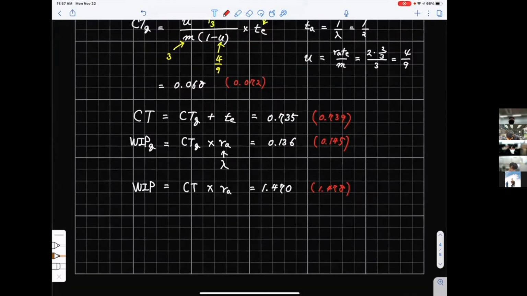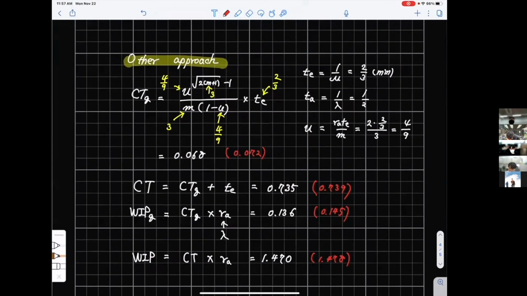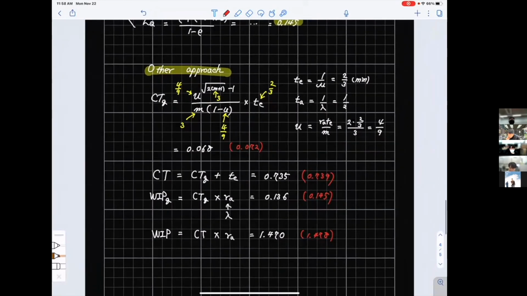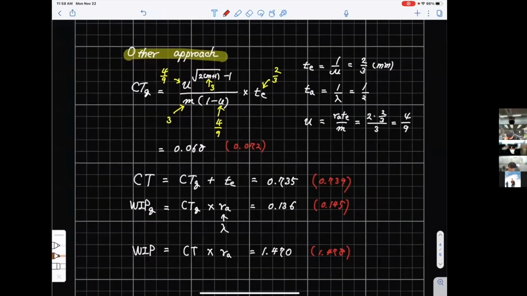So I did not find why these two approaches are different. I will let you know after I find what is the different aspect of these two approaches.